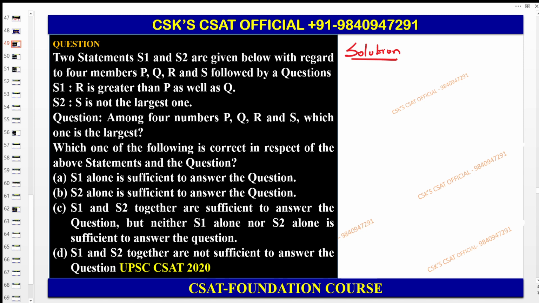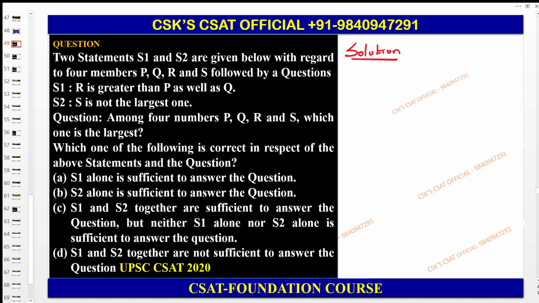They will give you two statements S1 and S2. Then they will ask you to find out one answer to the question they provide. There are four options: S1 alone is sufficient, S2 alone is sufficient, and this option C is very important, which means both statements are required to answer this one.